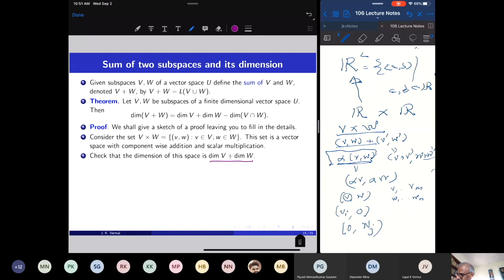Now any vector (v, w) will be a linear combination of these vectors.